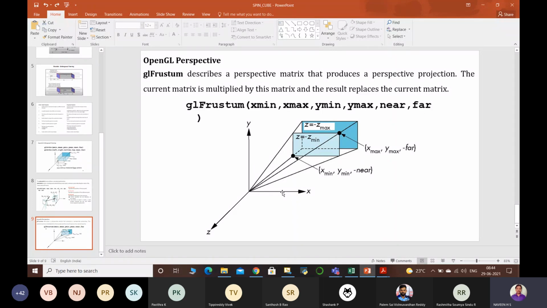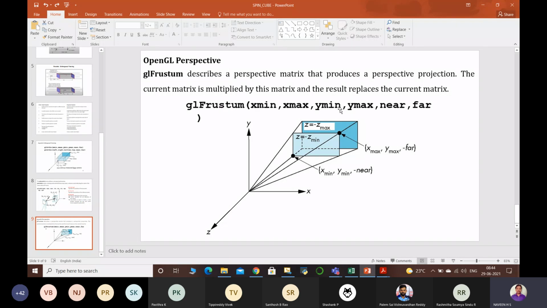Current matrix means the matrix of the object I am going to observe, the cube we have considered. You have to multiply the current matrix of that object by this perspective matrix, and the result replaces the current matrix. That means you do the product of your perspective matrix with the current matrix of the object. Whatever resultant matrix you get, that will now be the current matrix.